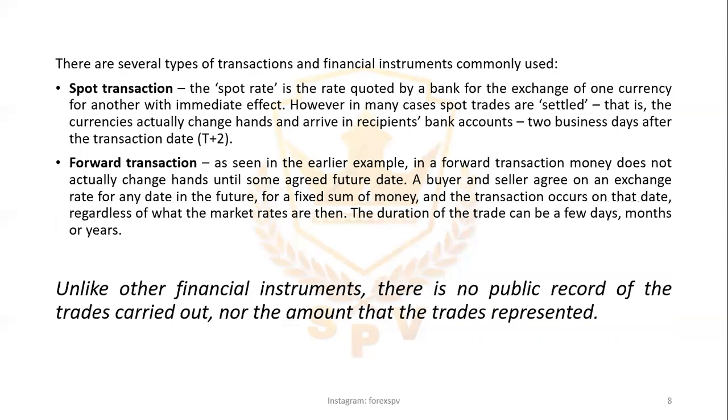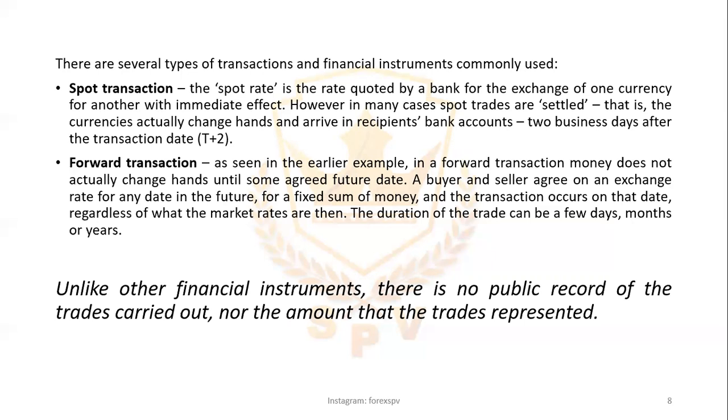There are several types of transactions and financial instruments that are commonly used in the FX market, but the common transactions we will be learning are the spot transaction and the forward transaction. For a spot transaction, the spot rate is the rate quoted by a bank for the exchange of one currency for another with immediate effect.